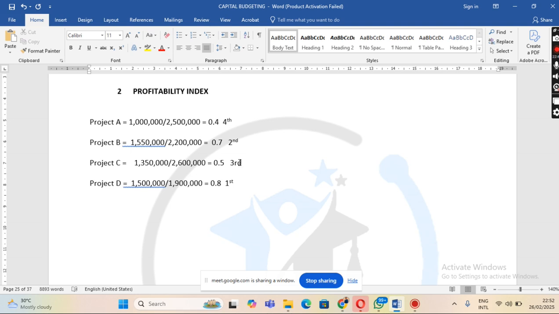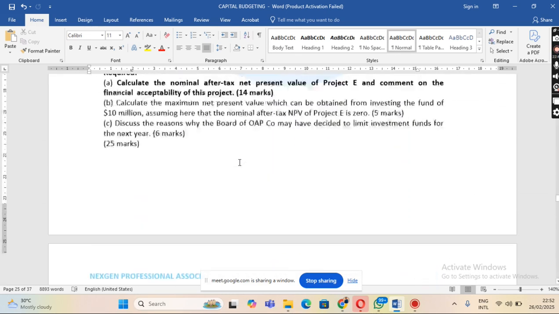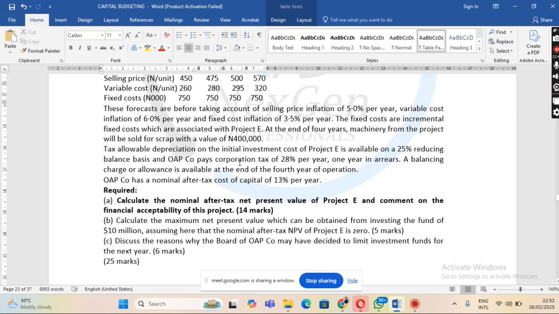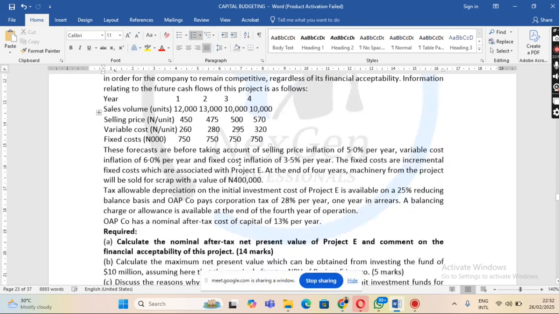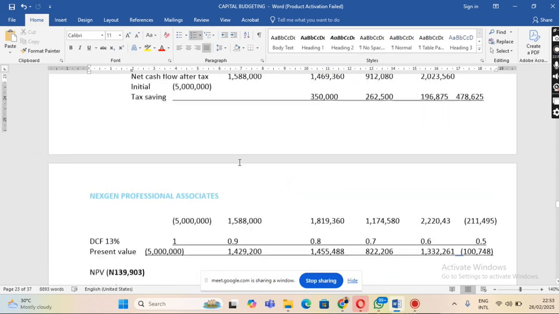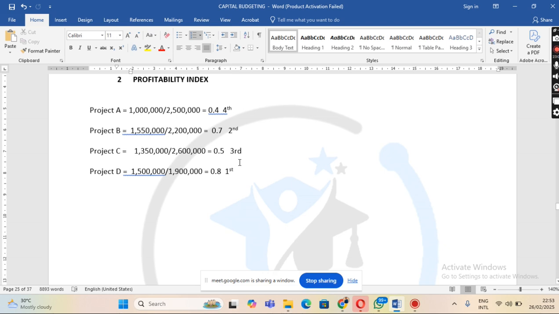Now, let me quickly go back to that question because I want to understand something here. Where is it? Okay, BD. You can see that we're told that projects B and D are mutually exclusive, which means that since they are serving the same purpose, you can execute only one of them.